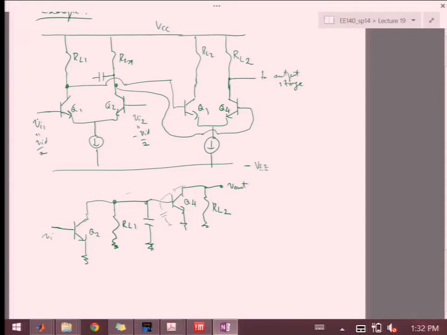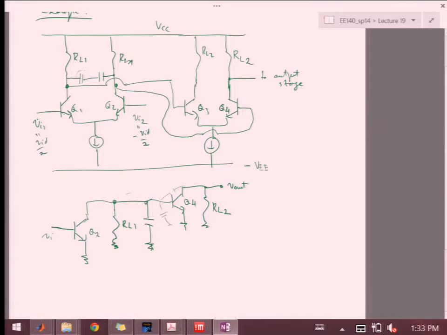And then we're assuming that there is a ground here, just because the output is purely differential to differential input. That was the way we derived the half circuit. So if I put a capacitor here, another one would have to come from the other side as well. In the differential mode, there will be ground here, but I'm just not going to draw it.